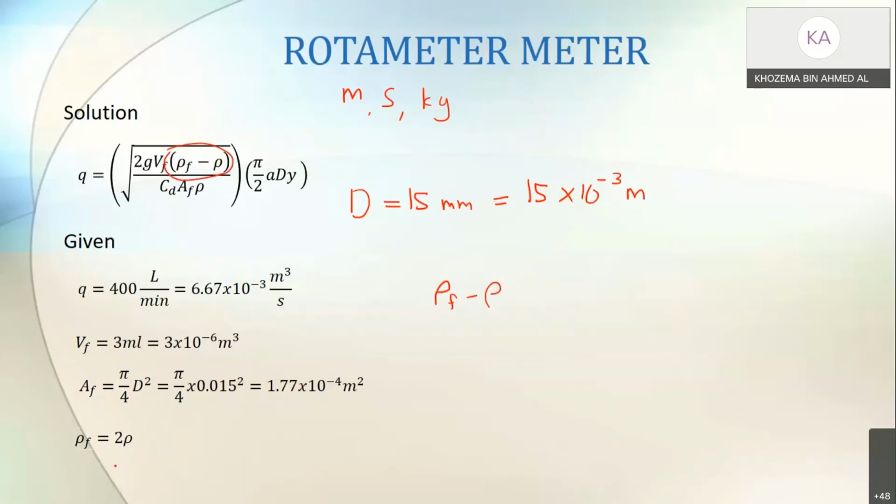We know that rho F is actually equal to 2 rho. So what I do is I put 2 rho minus rho. So I will get a value of rho. So if I change this one, instead of writing here rho F minus rho, I put here just rho. So I can cancel out rho and rho.